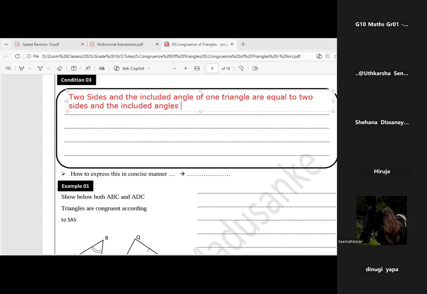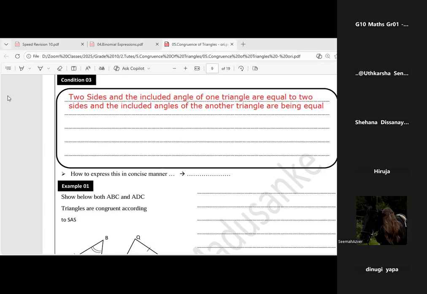Then the triangles are equal. So this is condition number 3: two sides and the included angle.